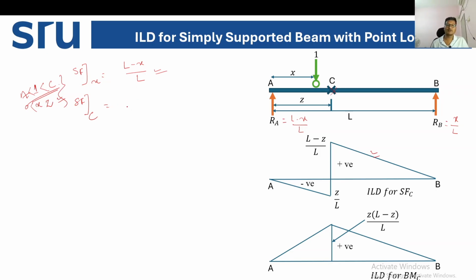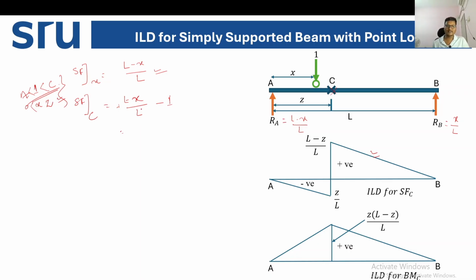The shear force at C will be (L minus X) by L. RA is upward, so we have considered it positive. (L minus X) by L minus the unit load 1, right? So what will be the equation?